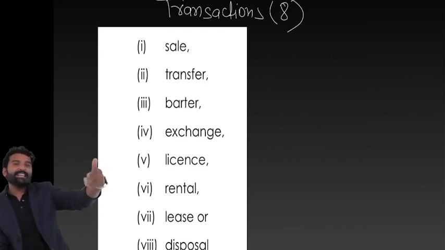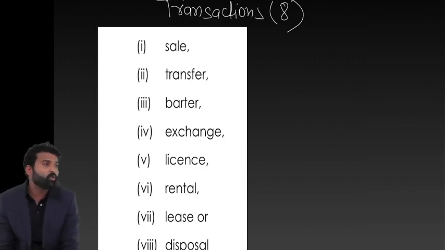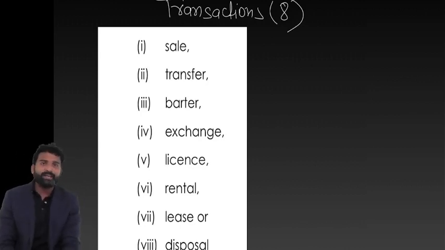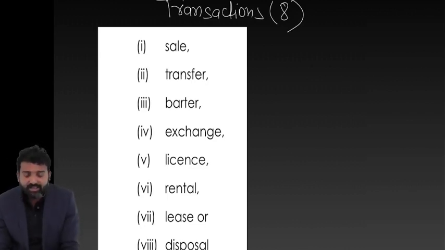License, I am licensing my rights, my intangible property to be used by someone, like I am getting the royalty, or franchisee fees or any kind of fees for transferring my rights. Rental, if I am renting my property, whether it is movable property or immovable property, it is covered in GST. Lease, long-term lease, short-term lease. And interesting, one more thing is disposal.